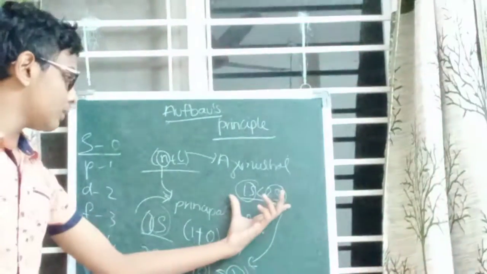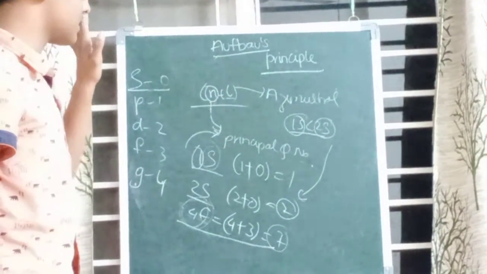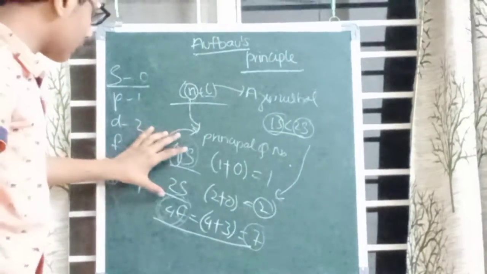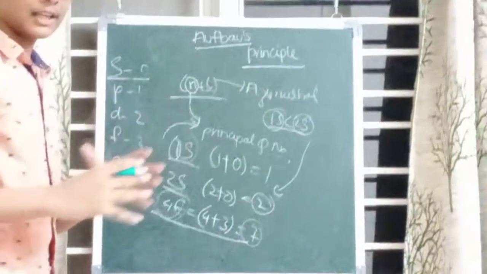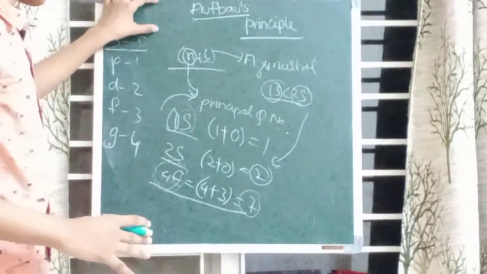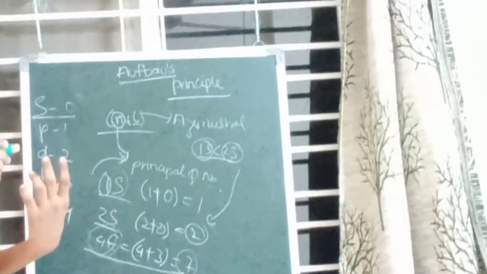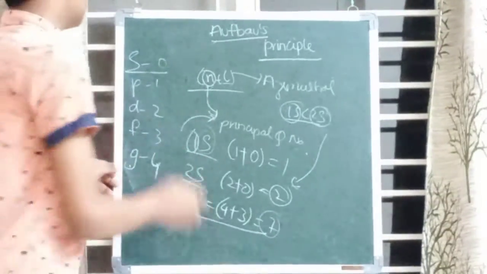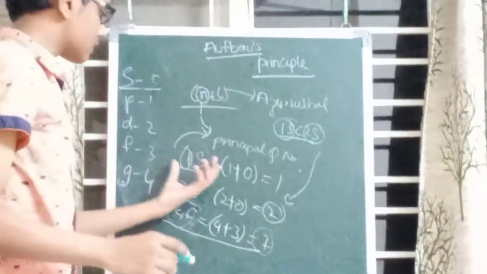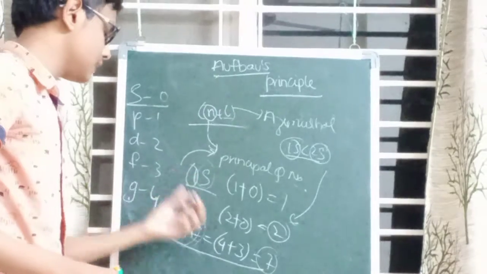So 1s is always less than the 2s orbital on the basis of the n plus L value. On this arrangement of orbitals, we get the diagram in which order they are arranged. Before going to this, while writing the electronic configuration, we should know how many electrons will fill in s, p, d and f.